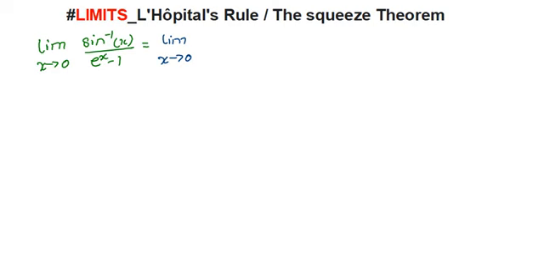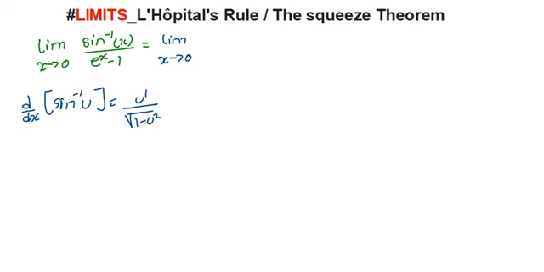If you have d/dx of sine inverse of u, this is going to be in the form u prime divided by root of 1 minus u squared. That's what you're going to have right there.